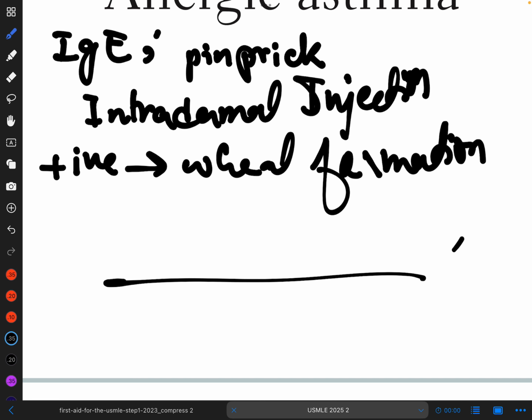For example, this is the skin, and if it has positive IgE, a wheal will form on the skin.